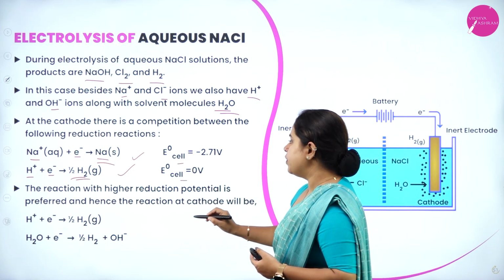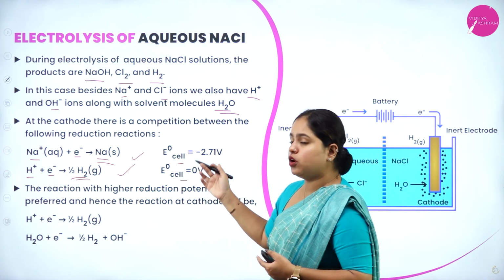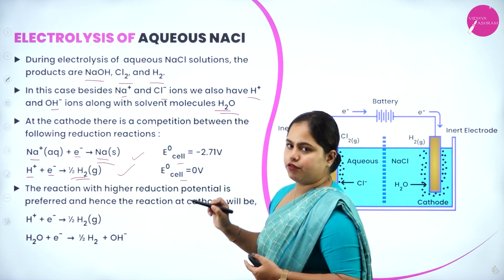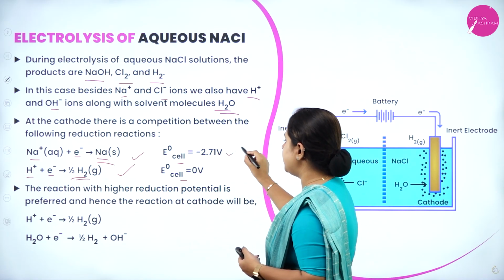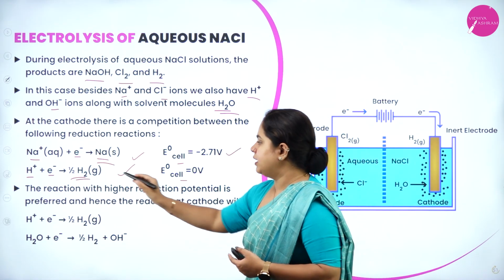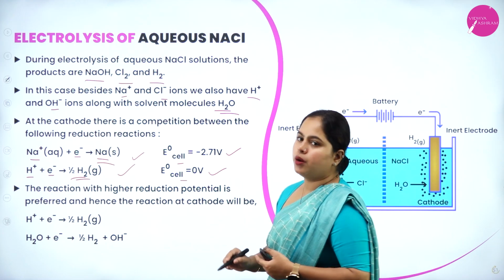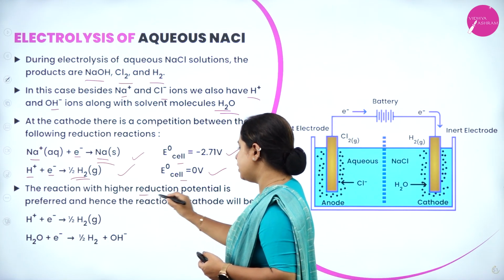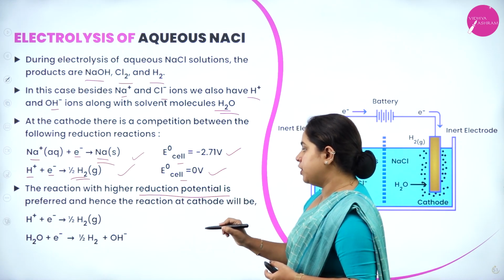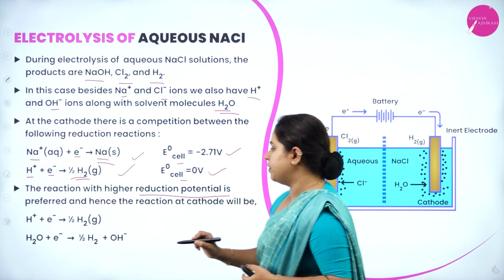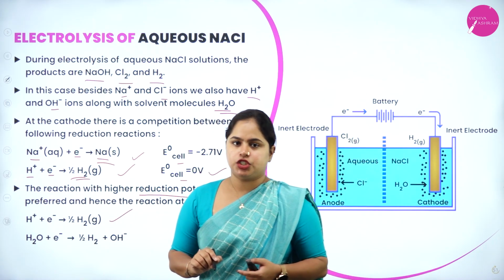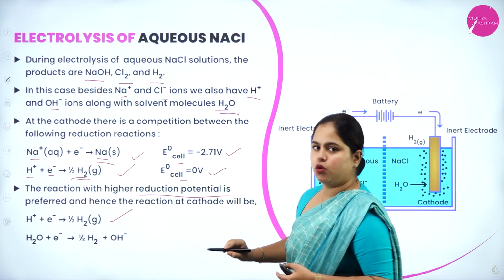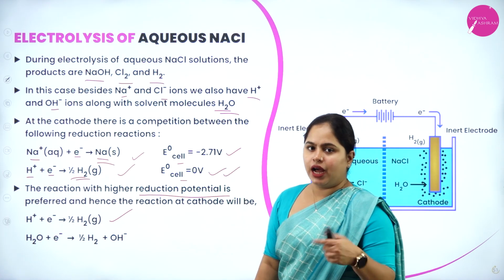So you can see the E0 electrode value of Na plus accepting an electron and forming sodium is minus 2.71 volt. And hydrogen, we already know the potential value is 0 volt, right? Now the reaction with higher reduction potential is preferred, and hence the reaction at the cathode will be that of hydrogen. Out of minus 2.71 and 0 volt, of course 0 volt is the higher value, right?